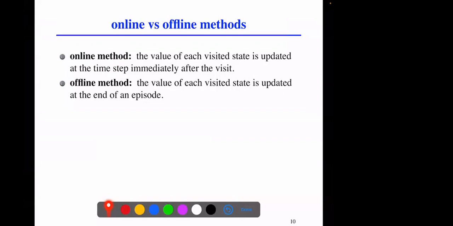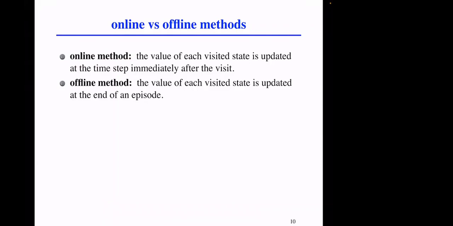Otherwise convergence can be very slow, because your policy generates the data. If you have a poor policy, you're generating data in a poor region, and that can contribute to further slowing things down. So doing online updates is really important, and getting a good online method is very important.